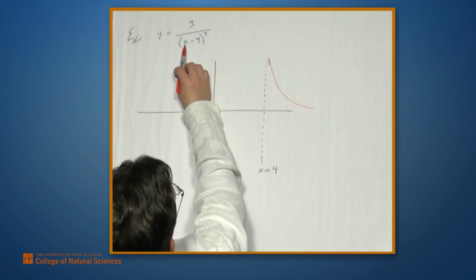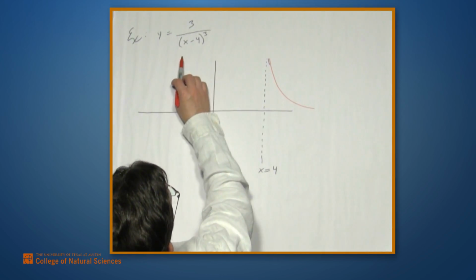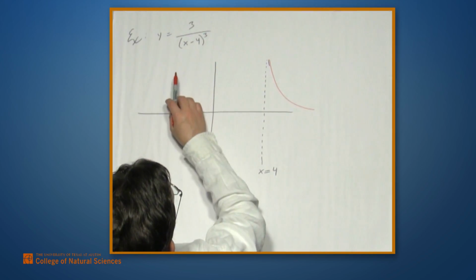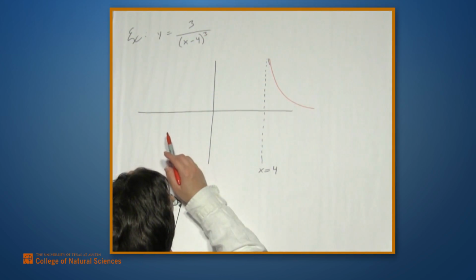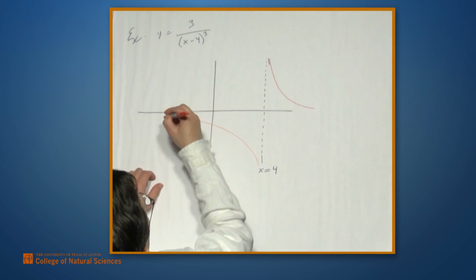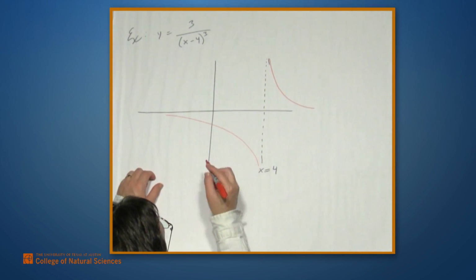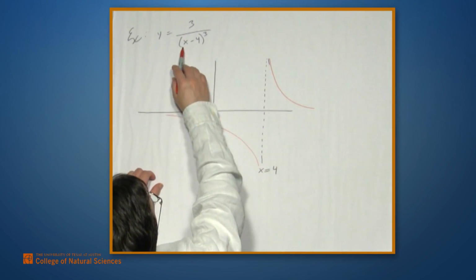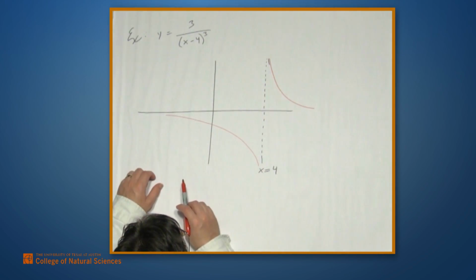Then x is going to be slightly less than 4, making x minus 4 slightly negative. Something slightly negative to the third power is still negative. So we're going to end up with something that looks like this. And if you wanted to, we could figure out what this point of intersection is with the y-axis by seeing what this evaluates to when we plug in x equals 0.